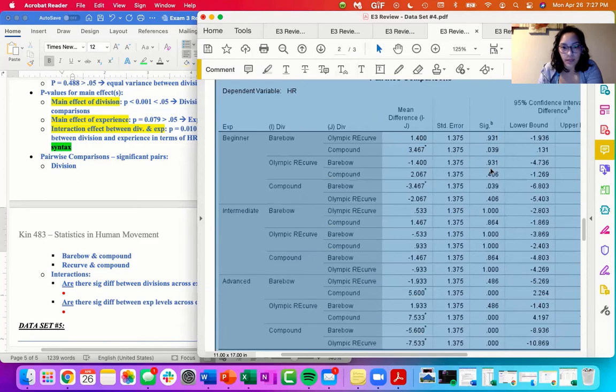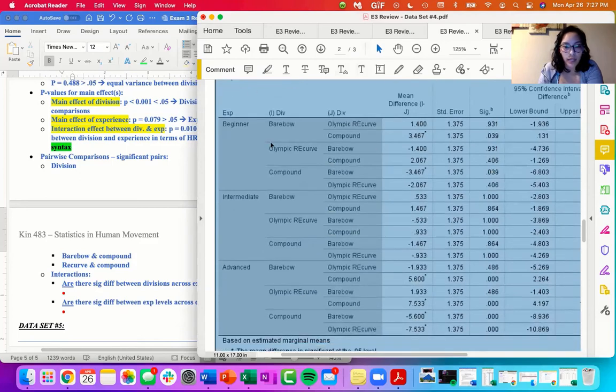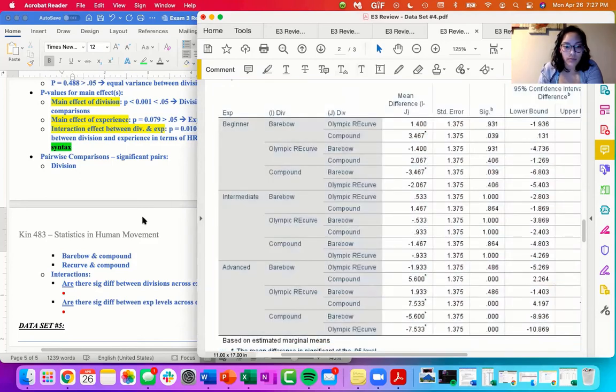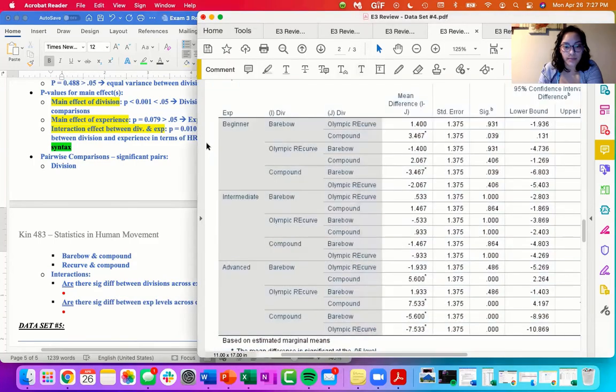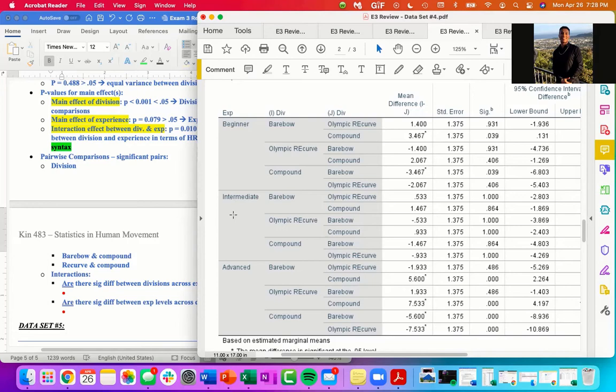All right. So this first one, what are we looking at? Number 1 and number 2? Or someone can describe it. That might be easier. So within the experience level beginner, there's a difference between bare bow and compound, and then compound and the same thing.